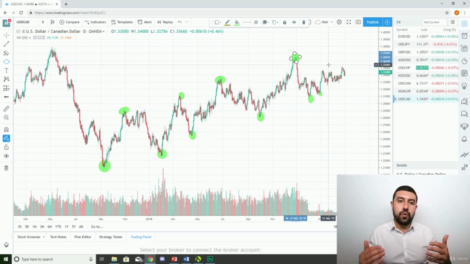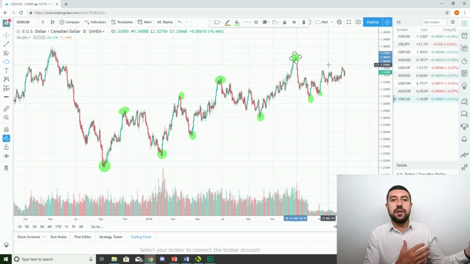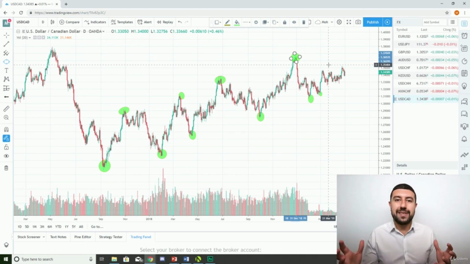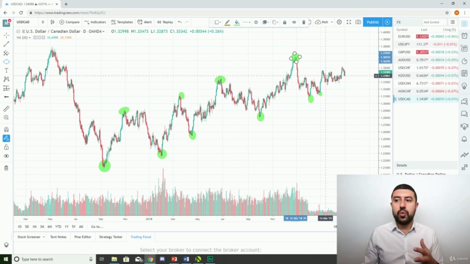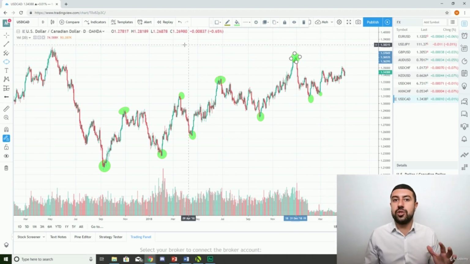You need an opposing force equal to or bigger than that force to make it slow down or change its direction. And it's the same thing with prices. So when you see that there's a trend in a specific direction, you want to make sure that you're not going against the trend unless the trend breaks.